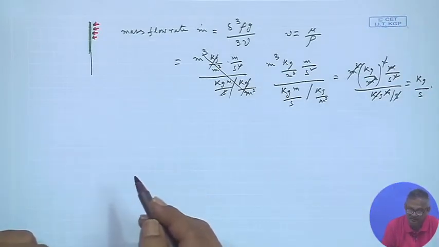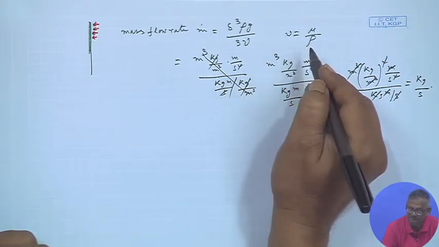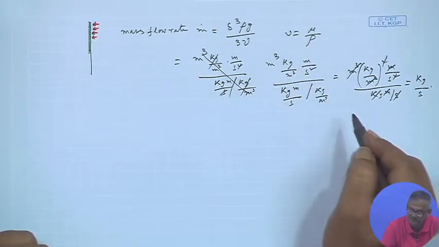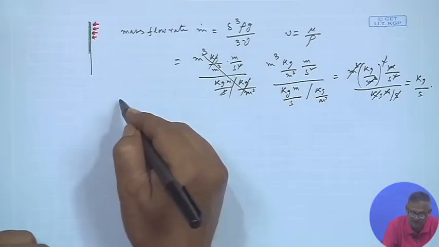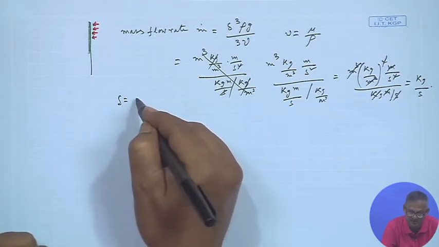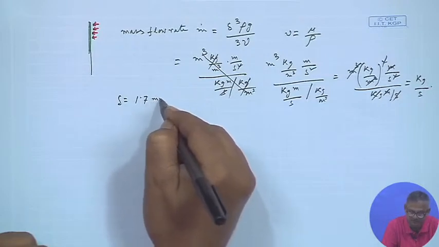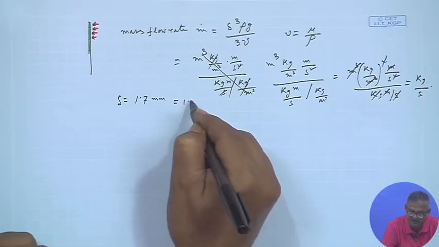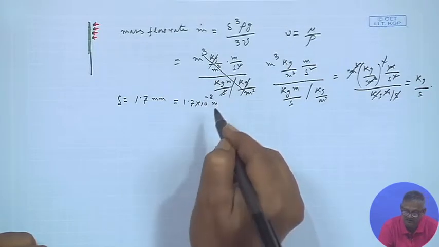If we then substitute the given values, our thickness is 1.7 into 10 to the minus 3 meter.